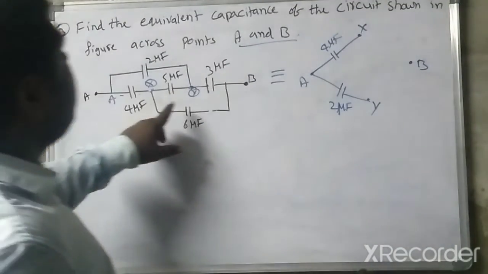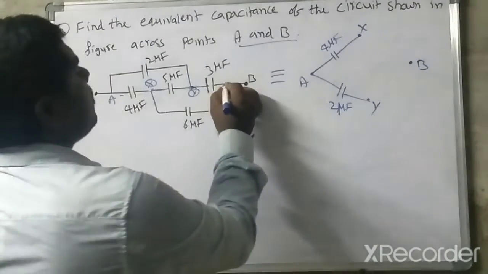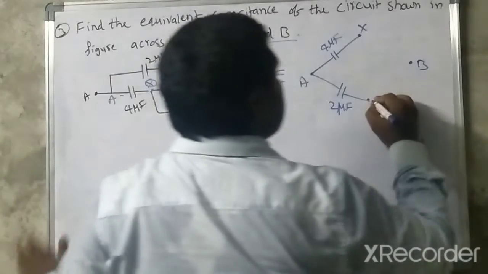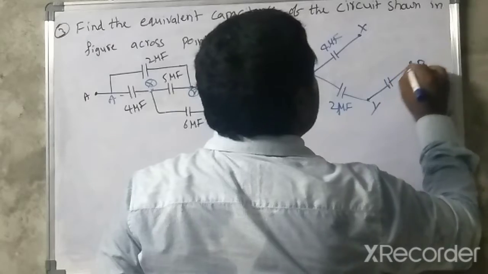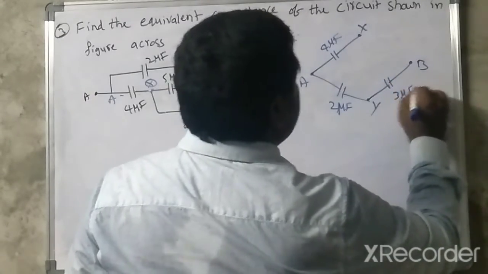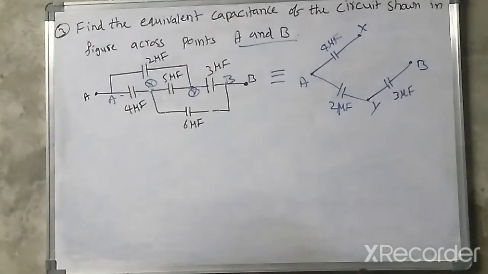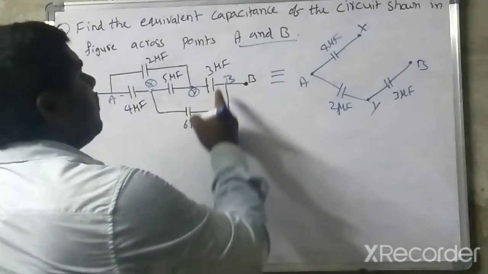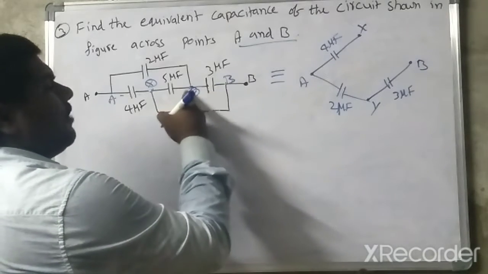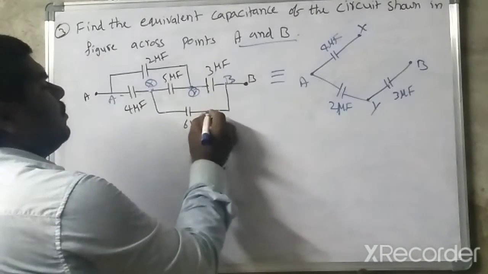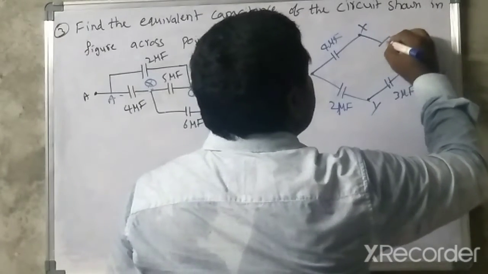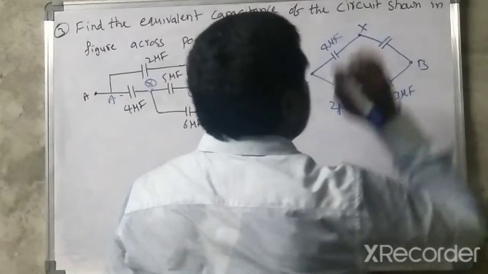See, in between B and this point also B. So B to Y, one capacitor. This is one more capacitor, this is 3 microfarad. So B to Y is completed. Then B to X like this.